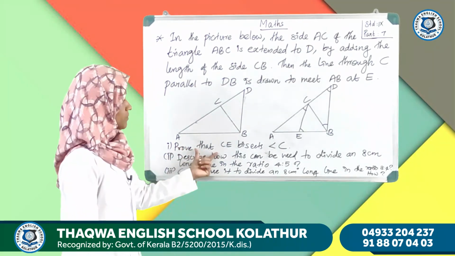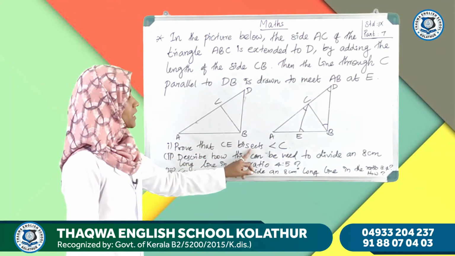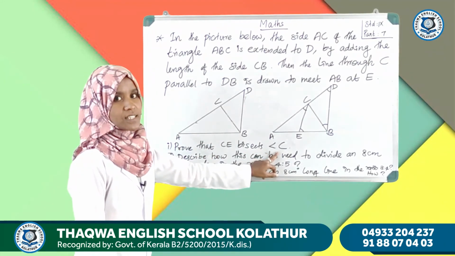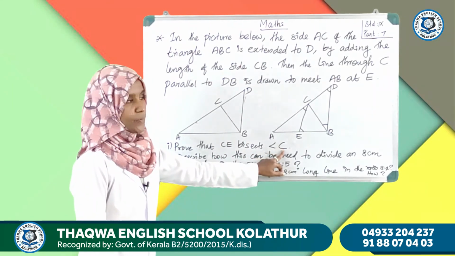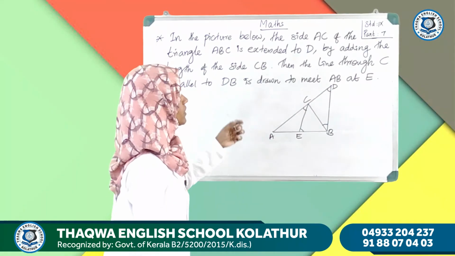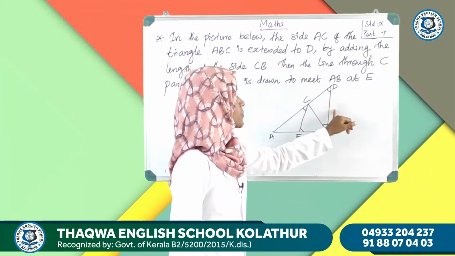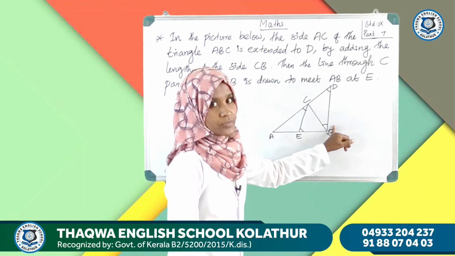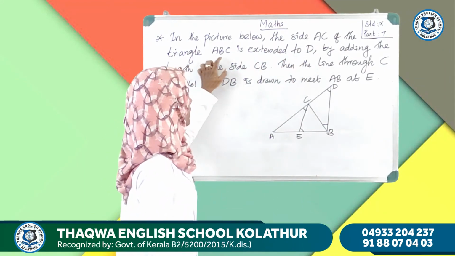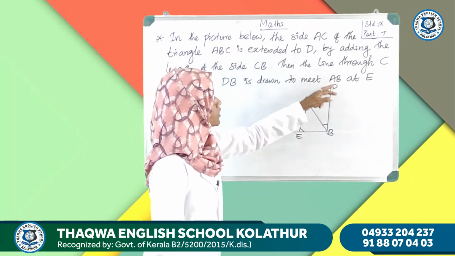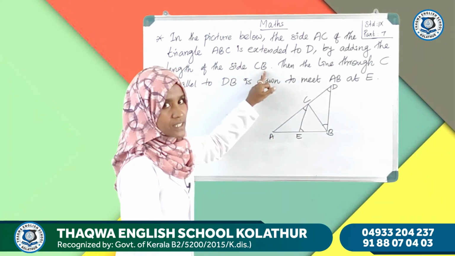So let us prove our first part. What is the question? Prove that CE bisects angle C. So listen, the condition is the line CE and BD are parallel. And one more, the side AC of triangle ABC is extended to D by adding the length of the side BC.